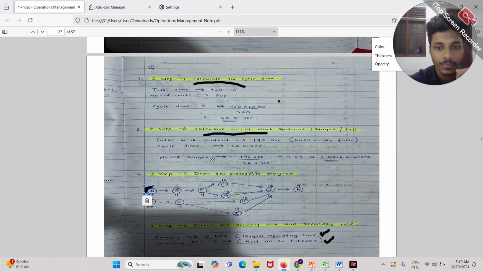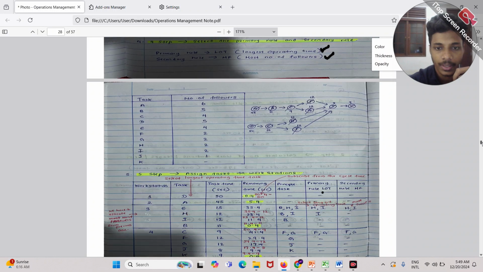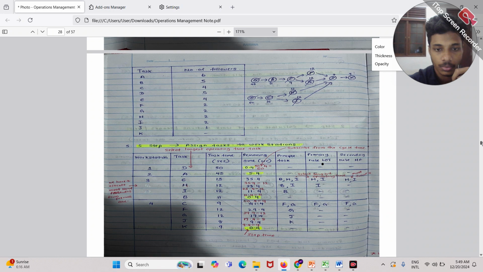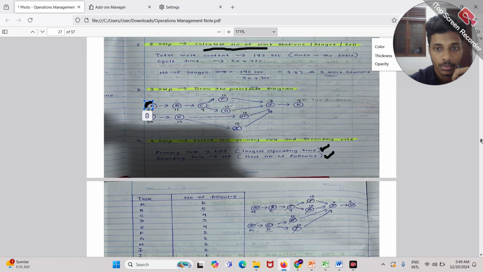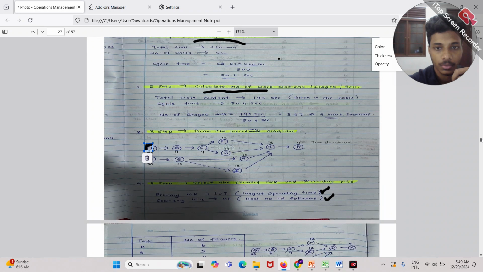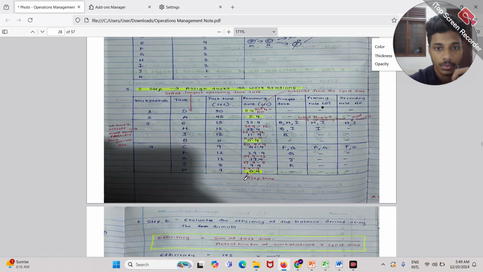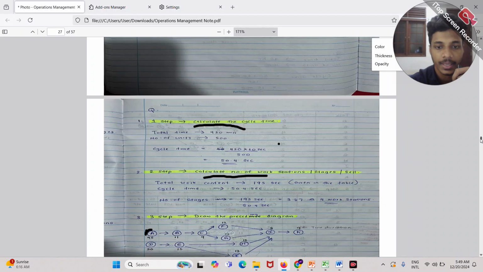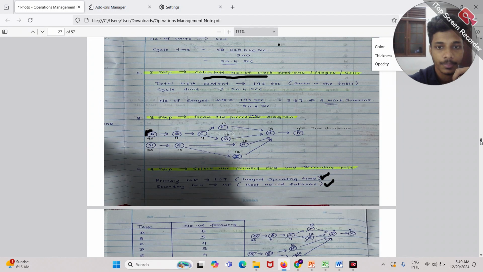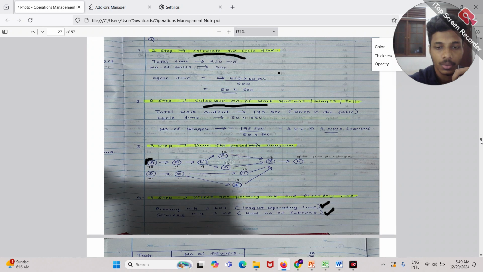Then the number of stages. Total work content means this one. This one is the total task time, or we can say the total work content.